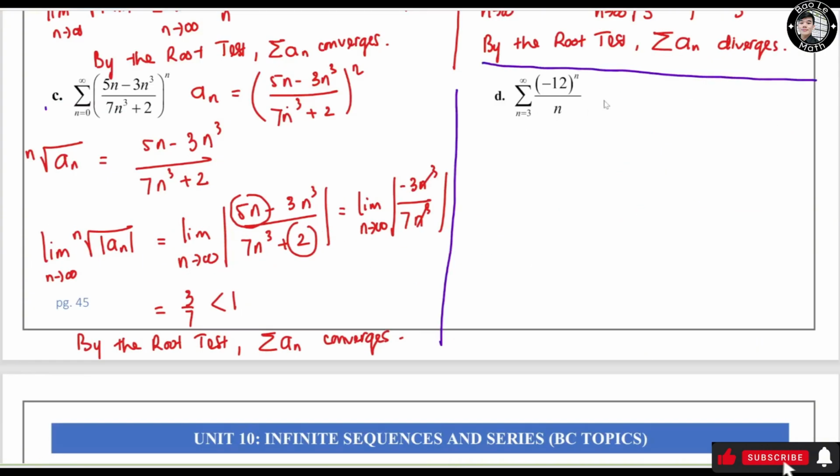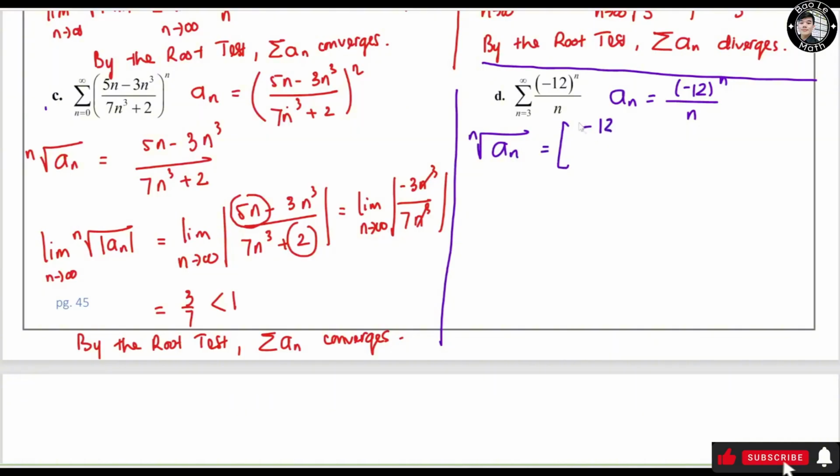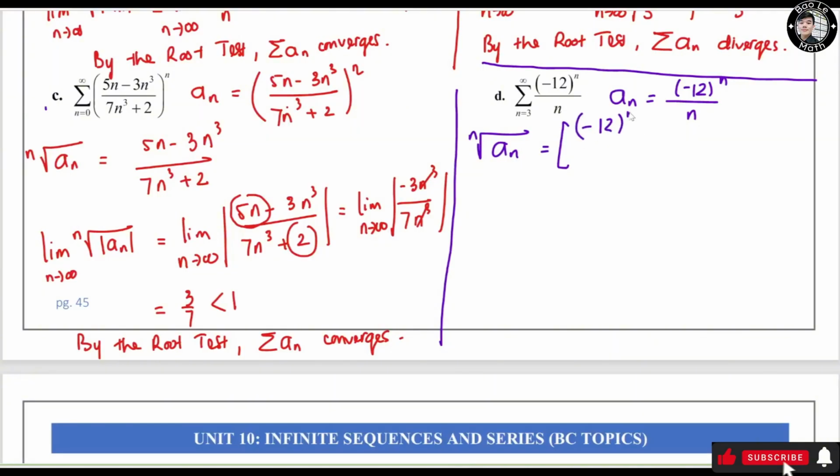Now let's move on to the last one. Let a sub n be negative 12 to the n over n. Now we're going to take the nth root of both sides, so we have the nth root of a sub n equals negative 12 to the n over n, all raised to the 1 over n.